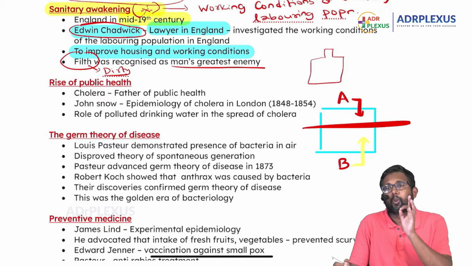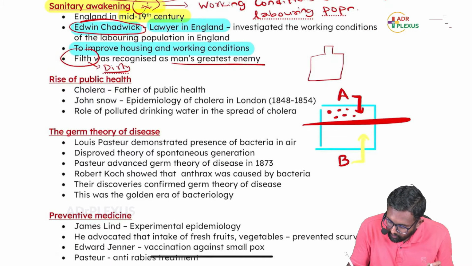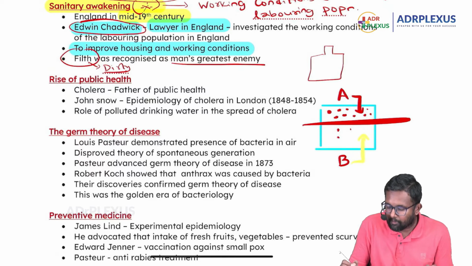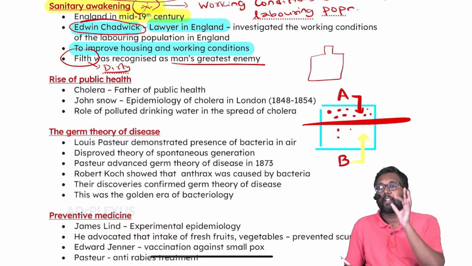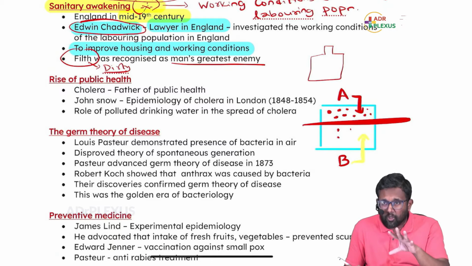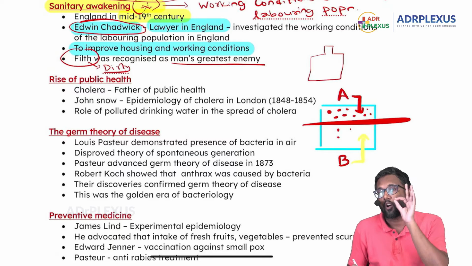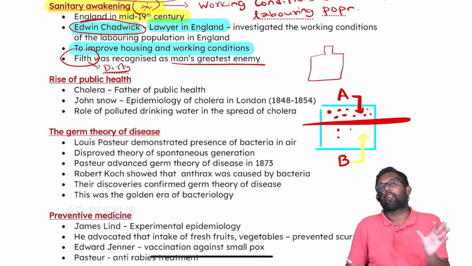So many people got cholera while drinking water from company A, but only 1 or 2 people got cholera while drinking from company B. So they identified what is responsible for the transmission of cholera. They told cholera is transmitted by drinking this water.